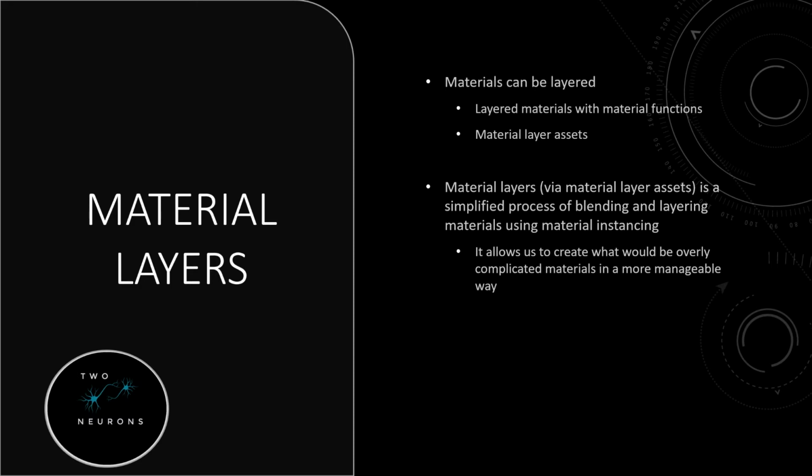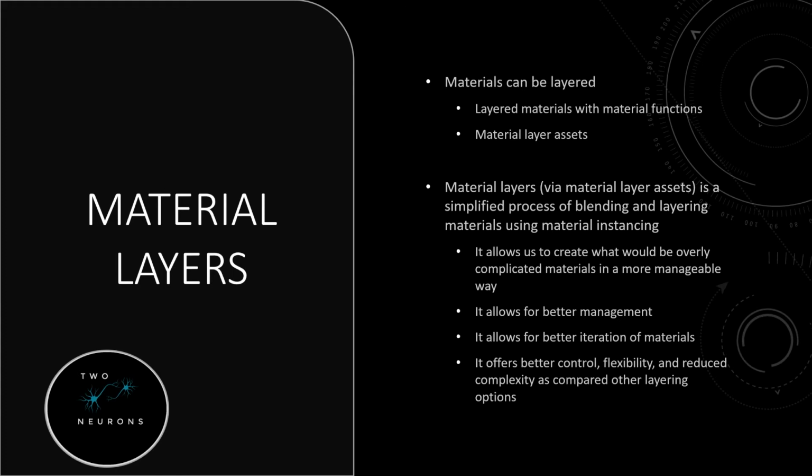And to be fair, using material functions allows for that as well. But it allows for better management. Then again, I would argue that material functions allow for better management than having an overly complicated material. It allows for better iteration of materials, and again, I would argue material functions do the same thing. But it offers better control, flexibility, and reduced complexity as compared to other options.